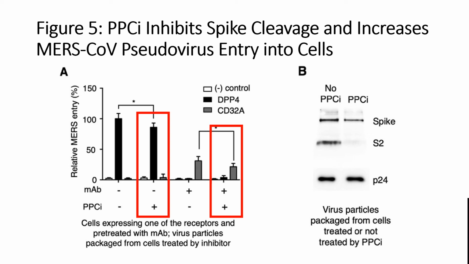Moving on to B then, we see from the Western blot that when the pseudoviruses were produced from the HEK293T cells, the cleavage of the spike by protein convertases was really inhibited by the presence of PPCI. So from 5A and B, we know protein convertases play a role in both the DPP4 dependent and the monoclonal antibody dependent entries.